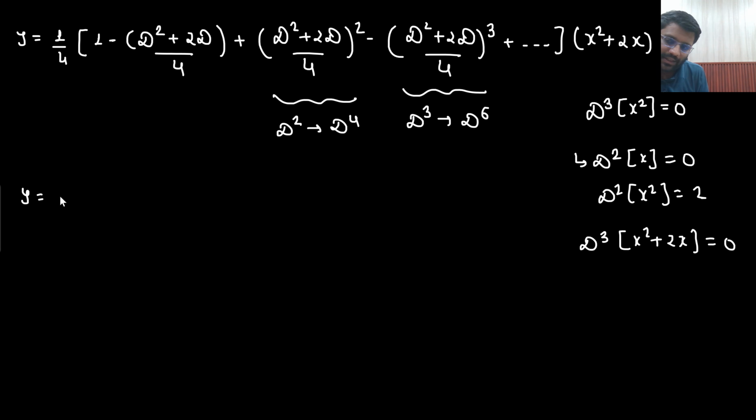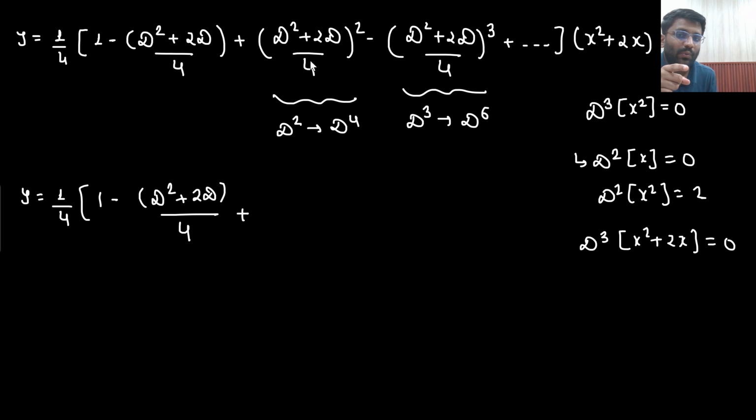Okay. So what is y? 1 by 4, 1 minus d square plus 2d by 4 plus what this will become? Here, sir, if I open it up, do I need to open it completely? If I am smart enough, then I directly know that, sir, 2d by 4 to the power 2 will be the matter of concern. Nothing more.